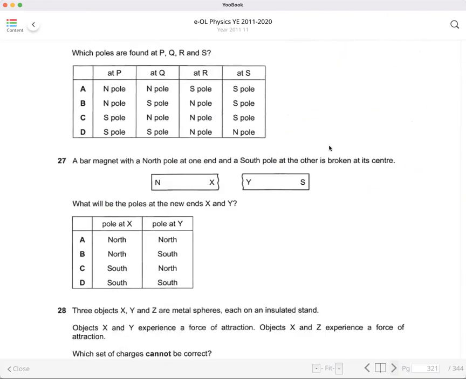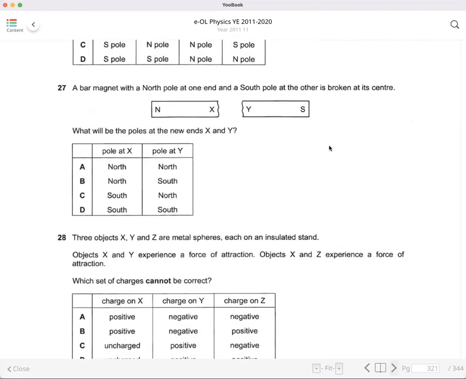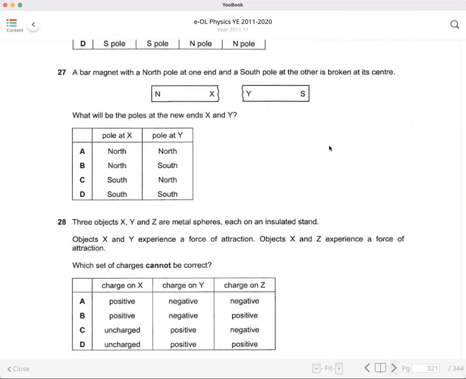Let's continue. Question 27. Let's begin. 27, you may begin. I got my answer ready.